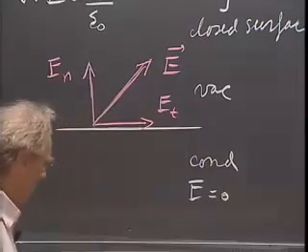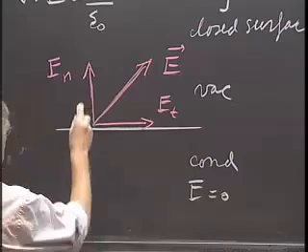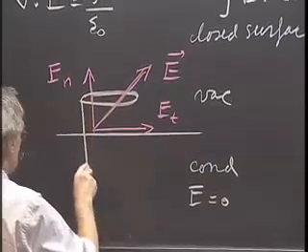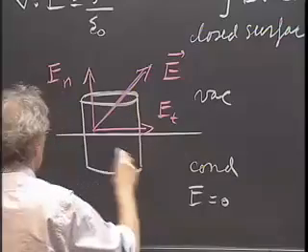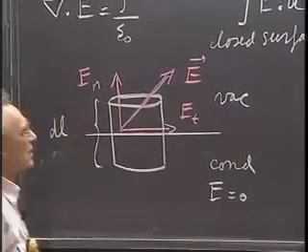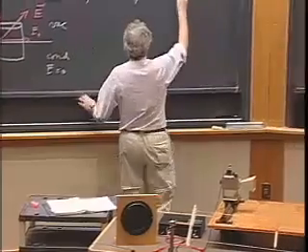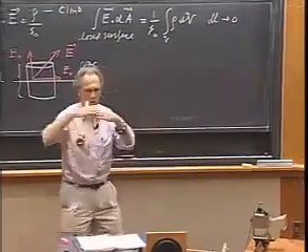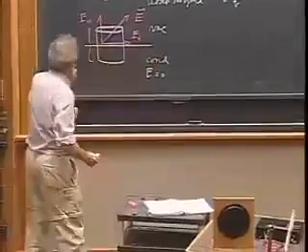And now I'm going to make my pillbox, and so here is my pillbox. The height of the pillbox is dl, and in my calculations I'm going to go to the limiting case that dl goes to 0 so that I get the conditions at the surface.